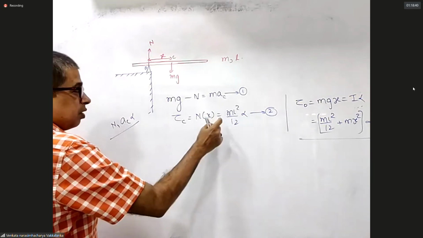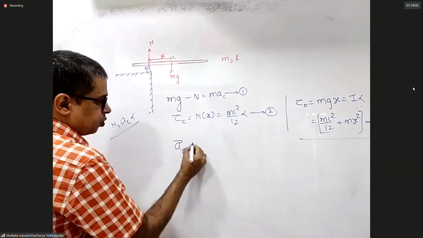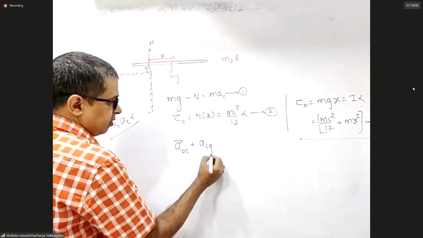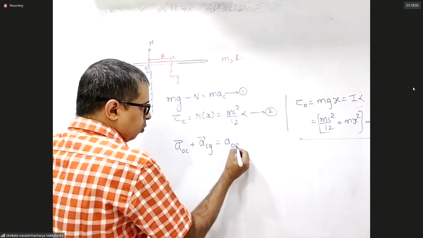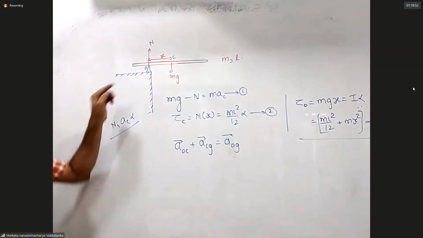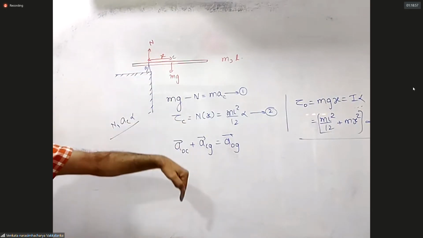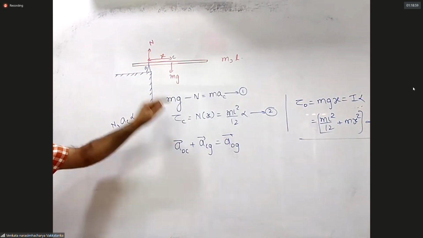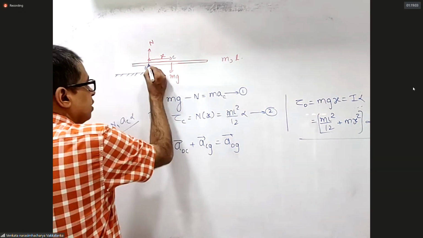Now, constraint relations. Acceleration of O with respect to center of mass plus acceleration of center of mass with respect to ground is acceleration of O with respect to ground.